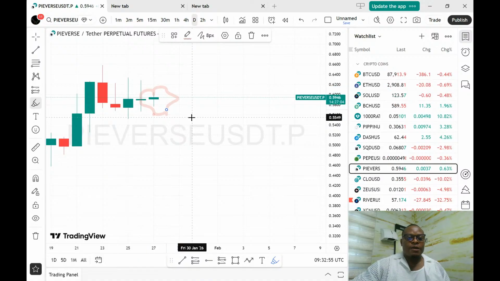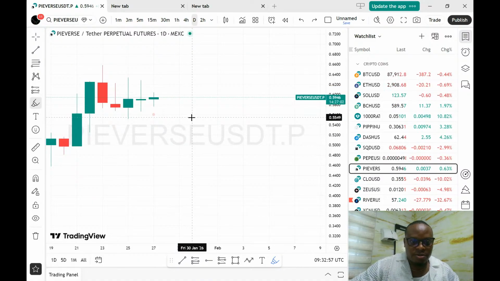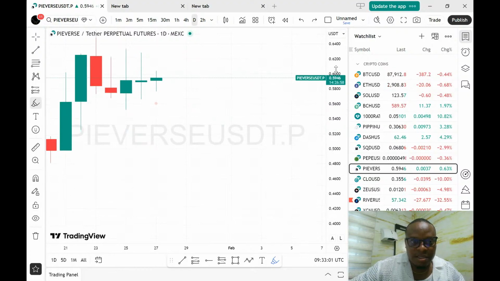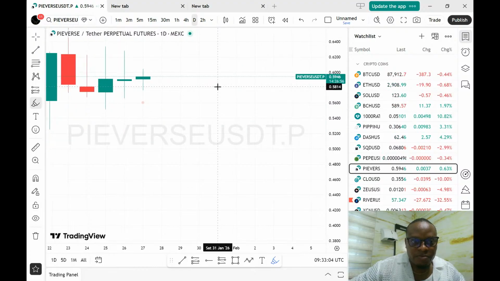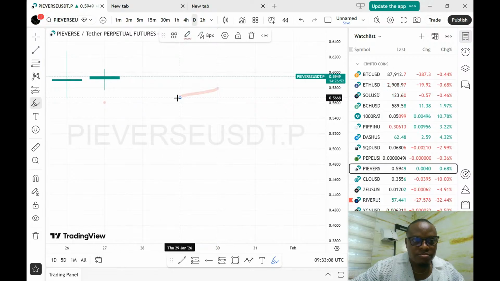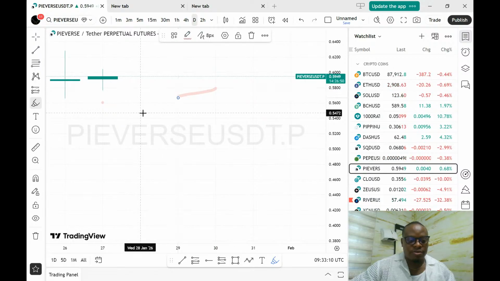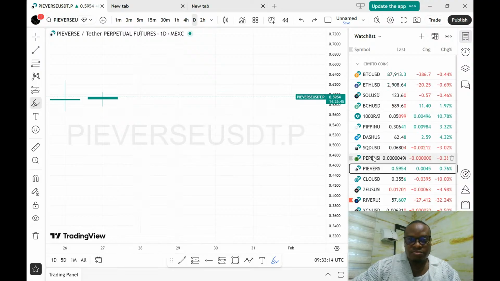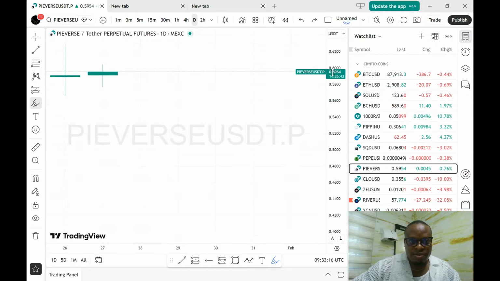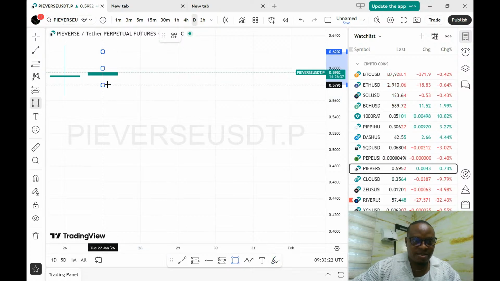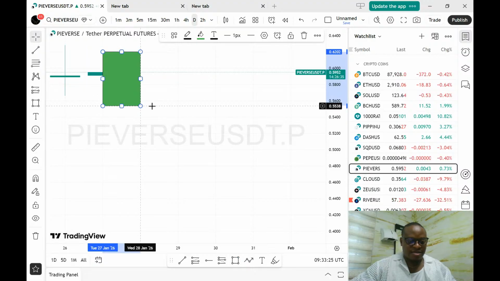I'm just trying to see if I can map out just that zone. There's no way I can map out that zone alone.